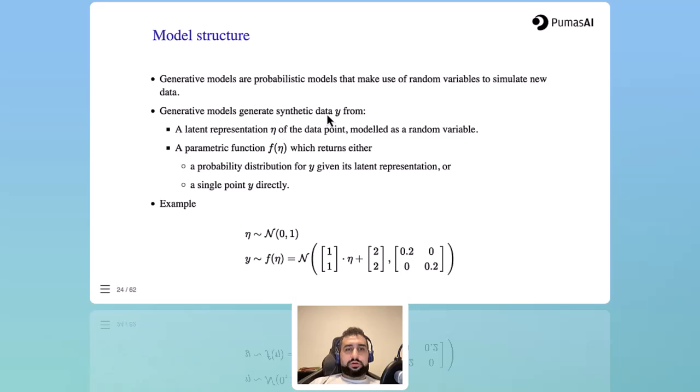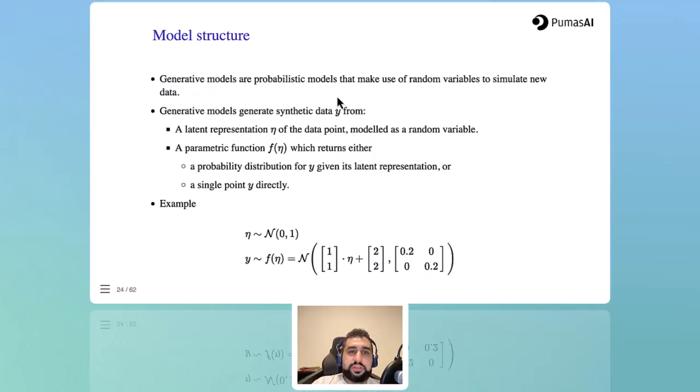Good. So, the model structure of a generative model. In essence, a generative model can take any kind of structure. Any probabilistic graphical model, you can call it a generative model. If it uses random variables, if you can simulate from it, it's a generative model. However, there is a very common structure that a lot of very popular models in machine learning tend to have, and that's the structure that we're going to be talking about here.